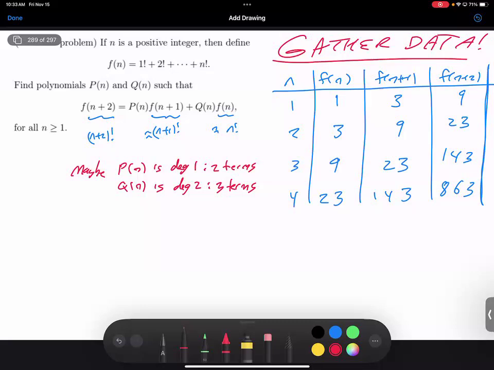So looking at the data, I could try to put down polynomials. I would have 5 free parameters. So how many data points would I need? If I want to solve them, I need 5 equations, right? I've only got 4 right now. So I would need to do 1 more.